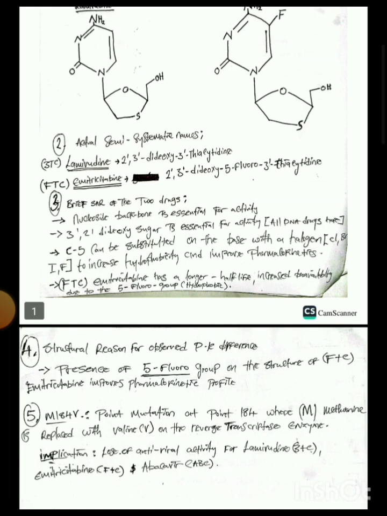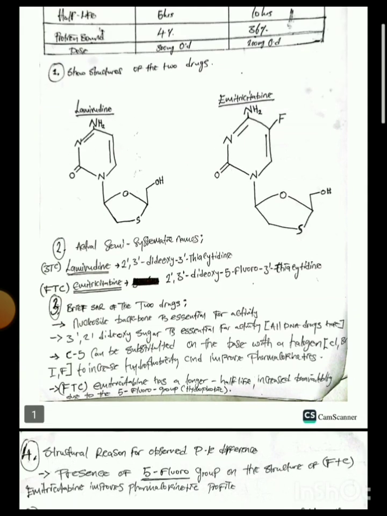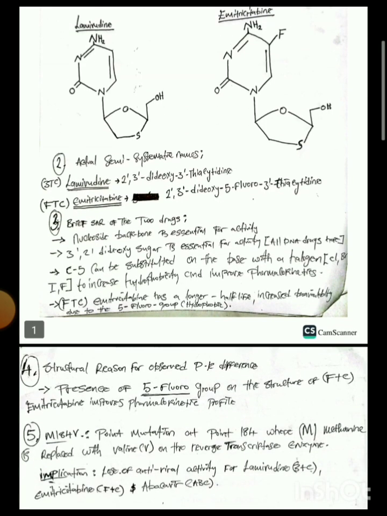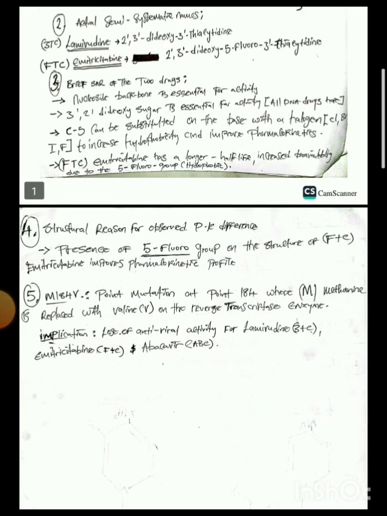So the answer on question 4: presence of 5-fluoro group on the structure of emtricitabine improves the pharmacokinetic profile. The structural reason for the observed pharmacokinetic differences can be attributed to the 5-fluoro functional group on emtricitabine, which we do not have on lamivudine.